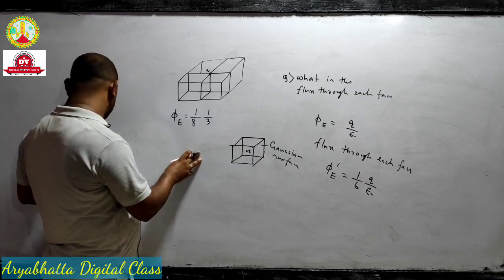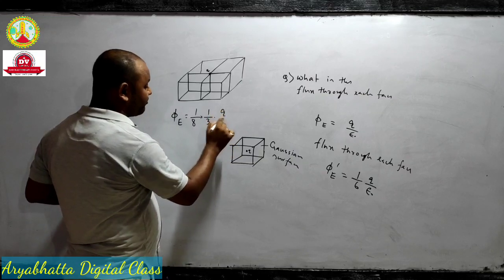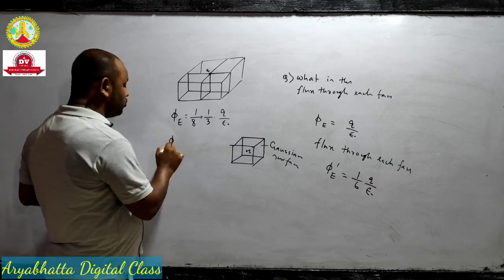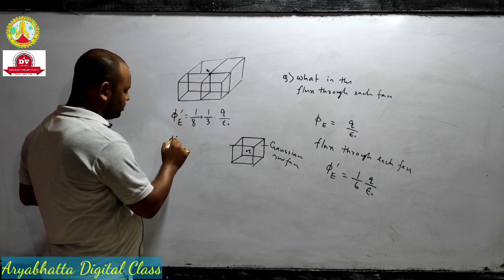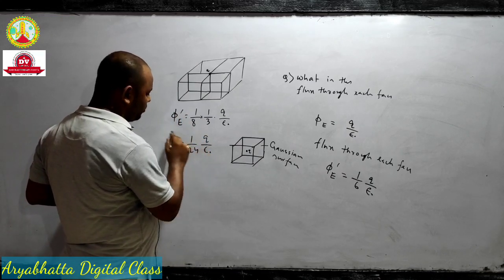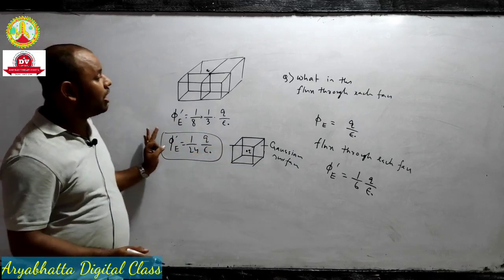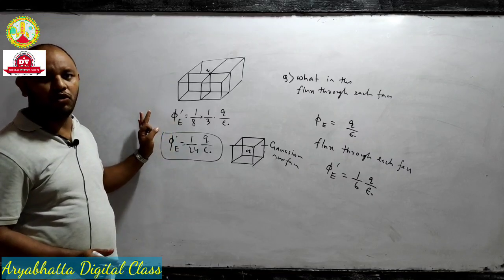That is why 1 by 3 is there. Multiply 1 by 3 into total flux, which is Q by epsilon naught. So the flux through its face will be how much? 1 by 24 Q by epsilon naught. If you have any doubt regarding this question, you can call me also.